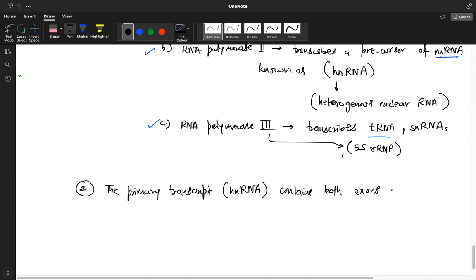And you can write down introns are non-functional. So if you translate introns when you are making protein, the protein will be non-functional.